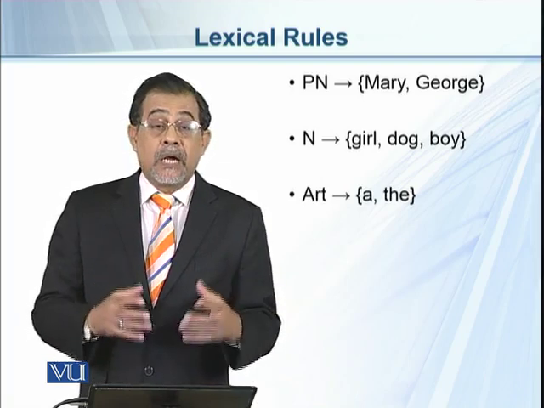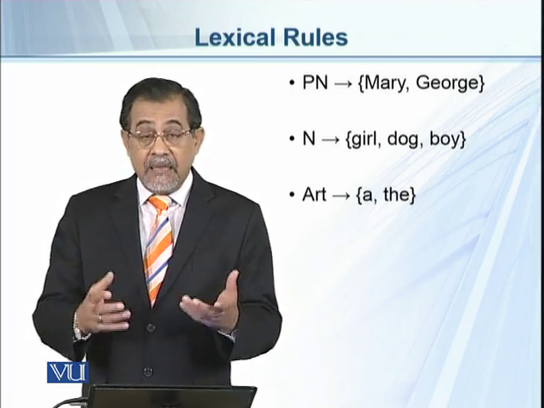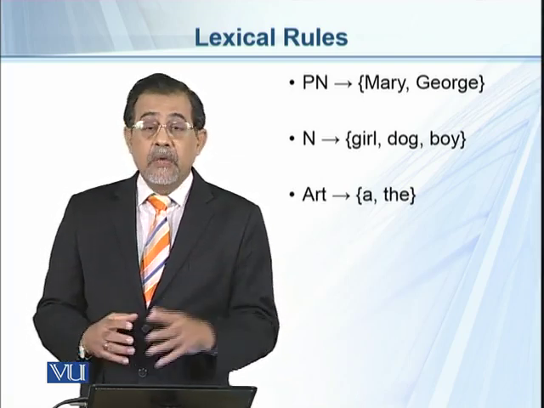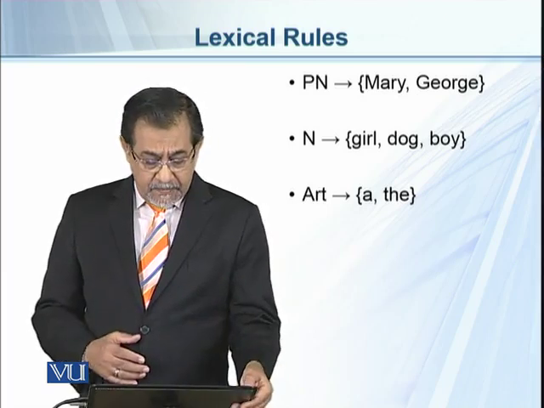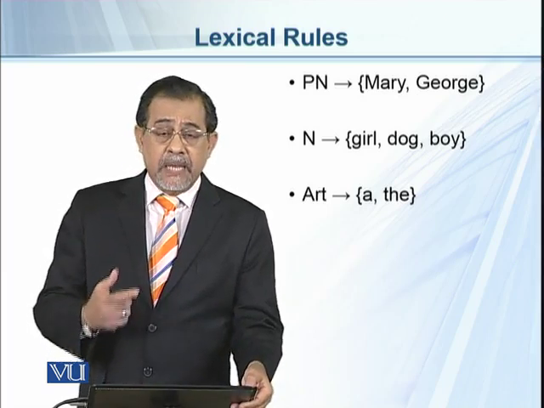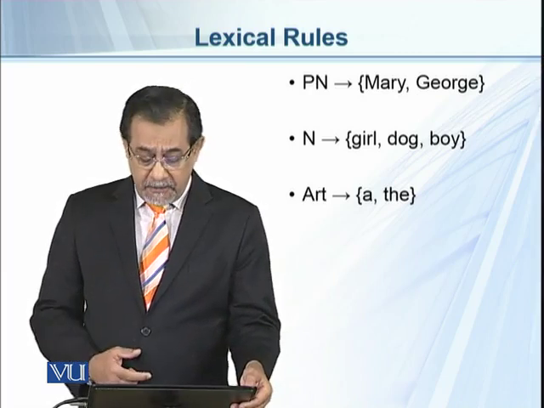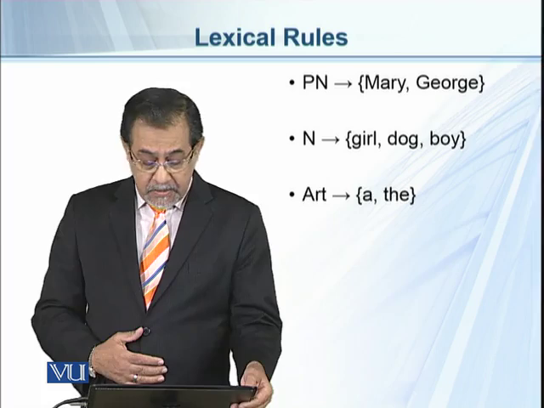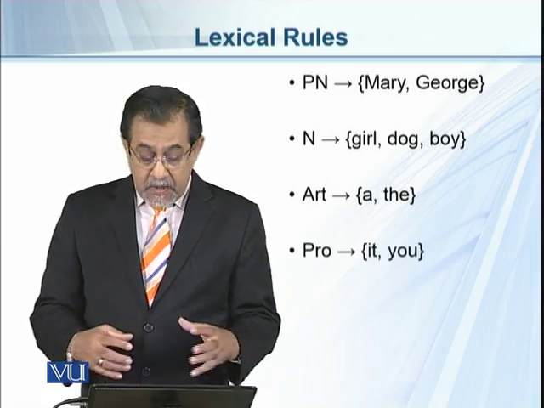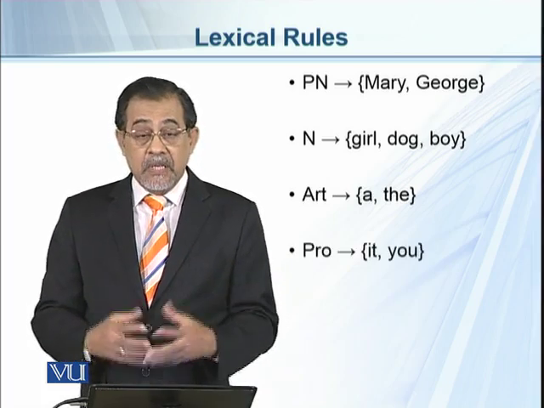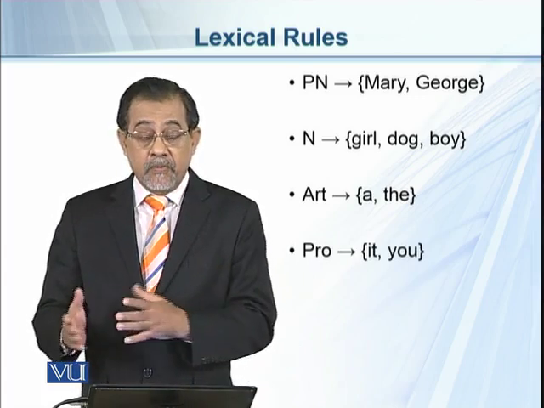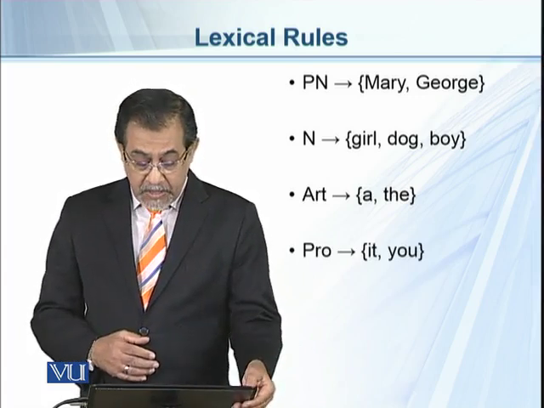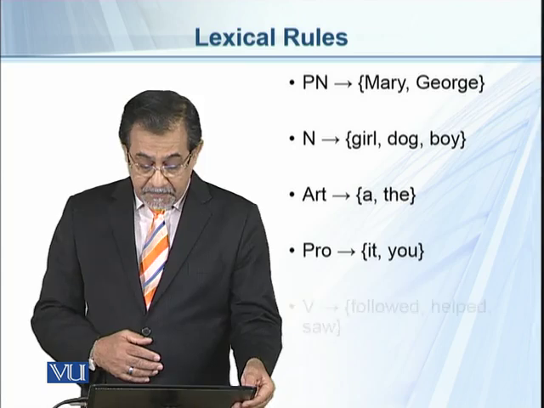An art or article is a, the, or the. Right? They have the same spelling, but they are pronounced differently depending on their use in the sentence. Pronoun: it, you. It can be a subjective pronoun or an objective pronoun or other pronouns.